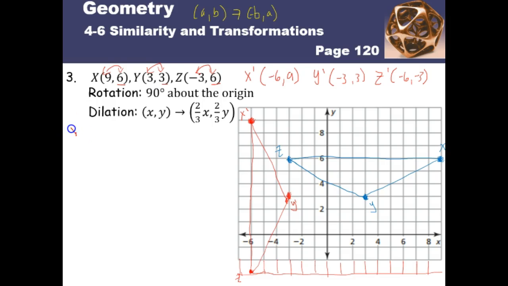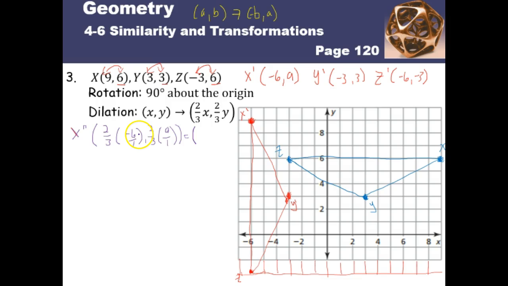So x double prime, let me get a new color. x double prime would be 2/3 times the x value, which was -6 over 1, and 2/3 times the y value, which is 9 over 1.